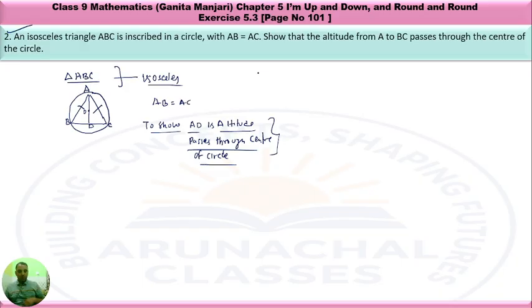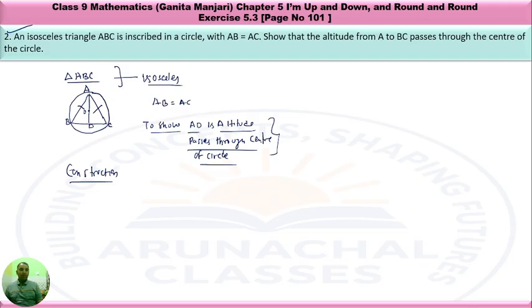So now we need some construction in this question, so let us write down what constructions are to be followed. Join OA, which I have already joined, and extend it to meet BC at point D, that we have done.